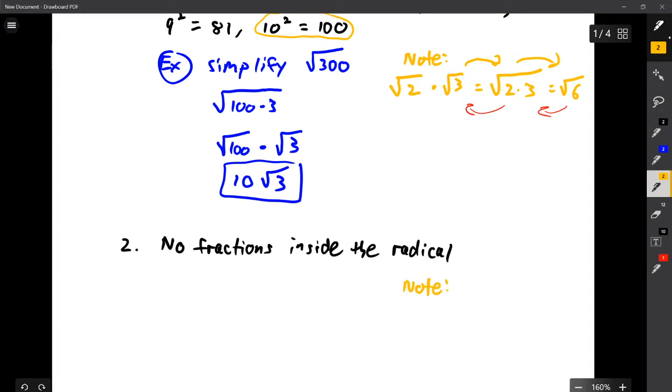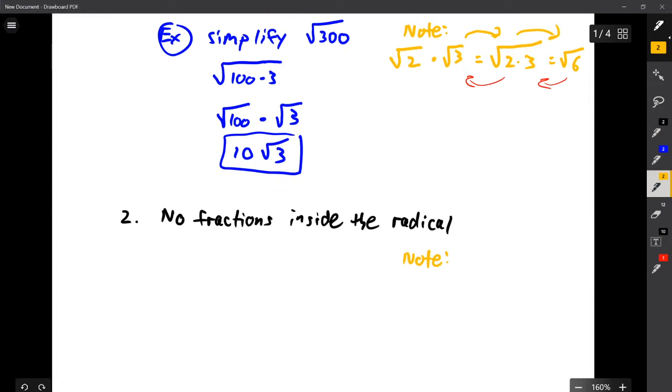Division works the same as multiplication. So we could say that the square root of 5/4 is the same thing as the square root of 5 divided by the square root of 4. Okay? So dividing numbers inside the radical is the same thing as the square root of the numerator divided by the square root of the denominator.